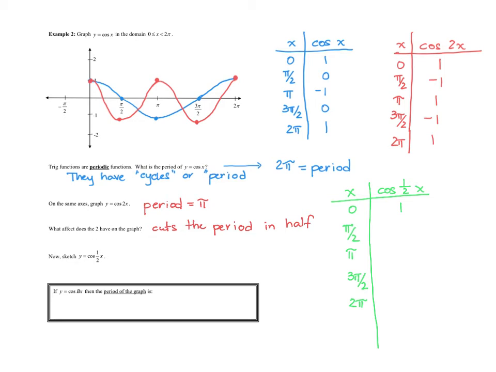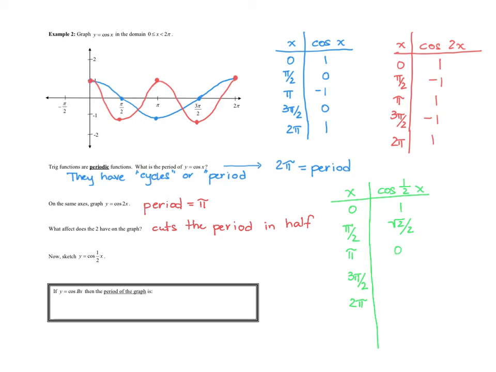If I put in pi over 2, multiply by 1/2, that's going to become pi over 4, and the cosine of pi over 4 is rad 2 over 2. If I put in pi, multiply by 1/2, I want the cosine of pi over 2, that's 0.